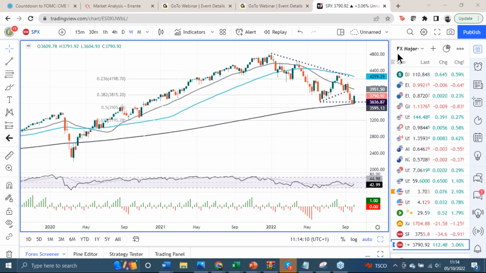Now we'll have a look briefly at sterling. Everything in the UK has seen huge moves, huge movement in the gilt market, as we mentioned, but also in sterling. The trigger point was the government's fiscal event, that mini budget a few Fridays ago.